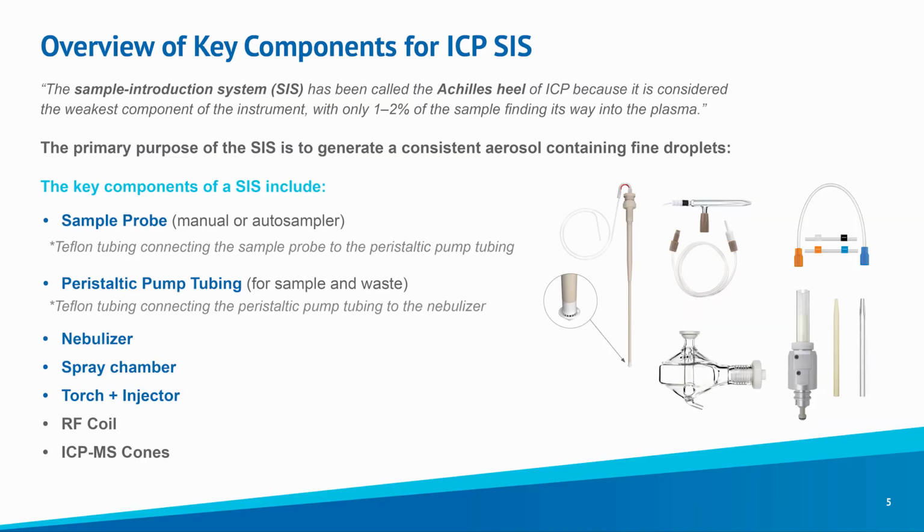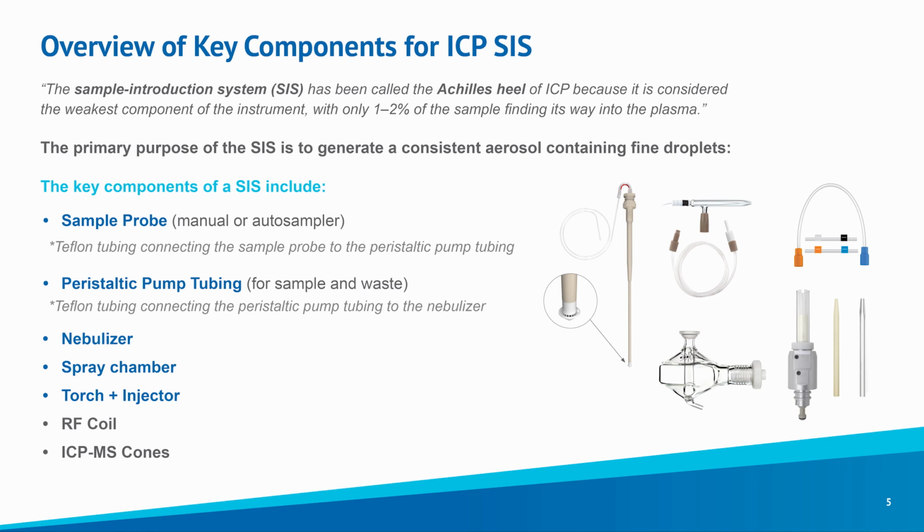Ensuring optimal ICP performance is key to obtaining accurate results, but it can be challenging since only 1 to 2% of sample reaches the plasma. The sample introduction system is critical, as its role is to produce a consistent aerosol of fine droplets. It starts with the sample probe drawing in the sample, which is then transported by peristaltic pump tubing to the nebulizer.